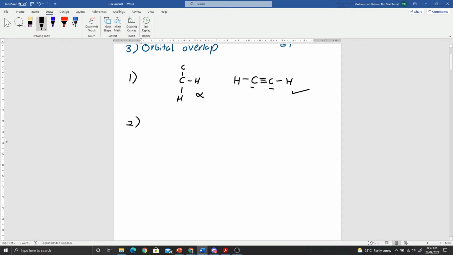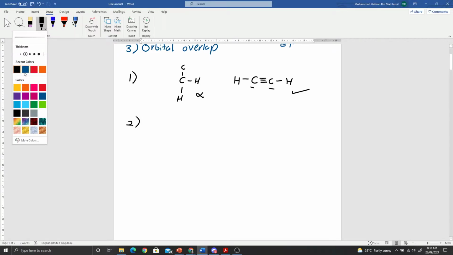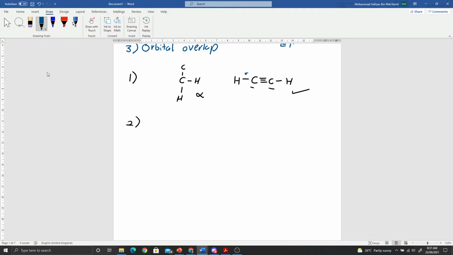Okay, the way to determine hybridization is we only look at the sigma bonds. So this is a sigma bond. One of these three is a sigma bond. The other two are pi bonds, right? We have two pi bonds, one sigma bond, and this is a sigma bond.